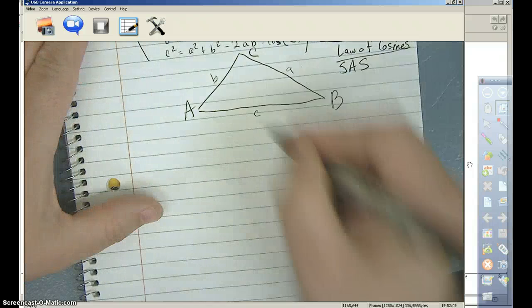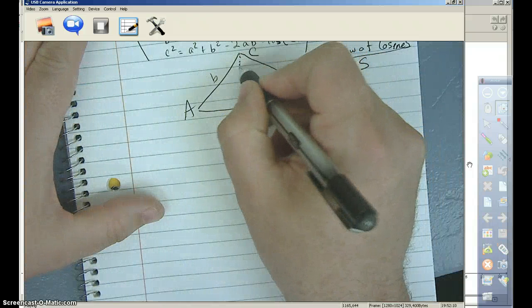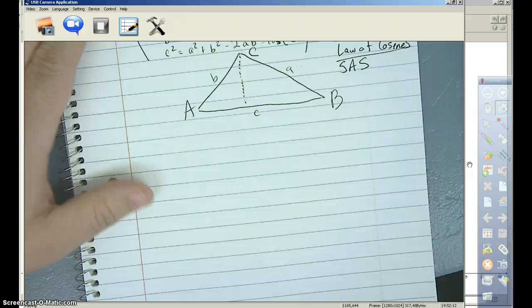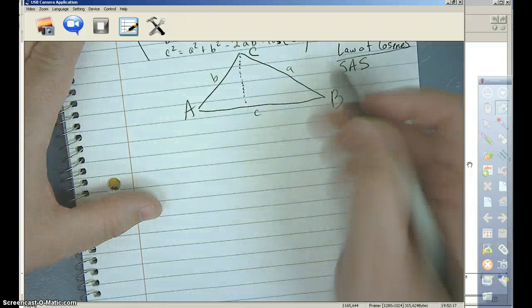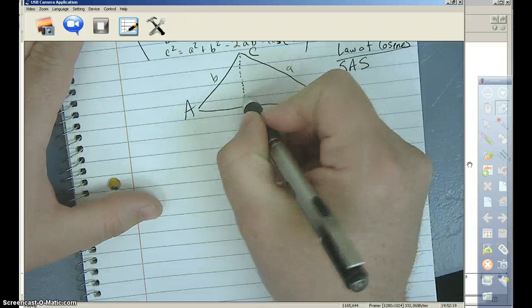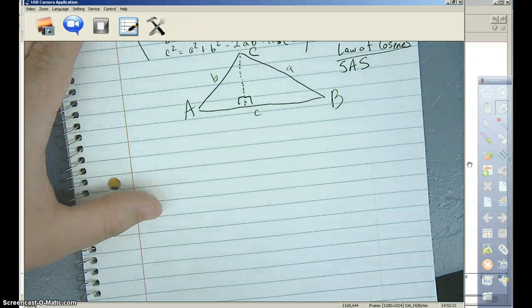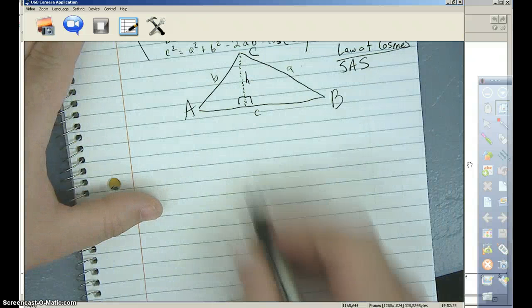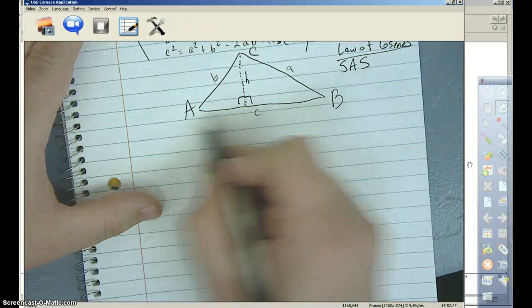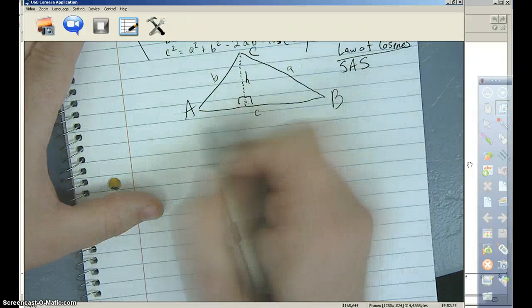Just like before, we think this is going to involve triangles at some point, because we're going to do some trig ratio stuff. So we drop our height or altitude there and call it h. If we just want to deal with this triangle, how long is this segment?